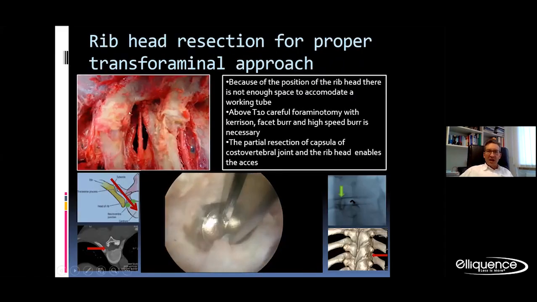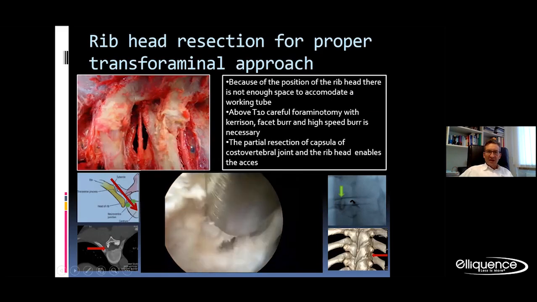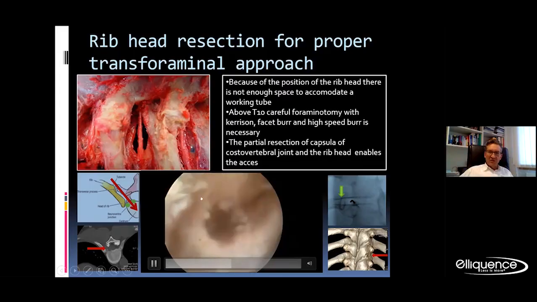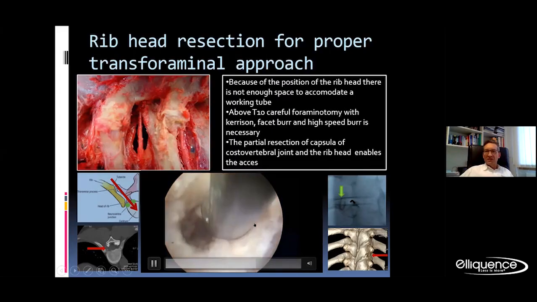Here you see again these anatomical structures, the capsule and the rib joint, and you see how we have to free and how to remove even the soft tissue of the rib capsule. Here is the rib joint, to come into the foraminal area, and then you can go to the herniated disc.